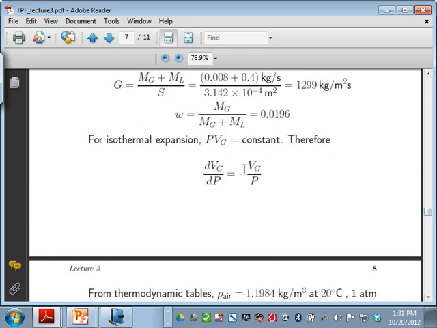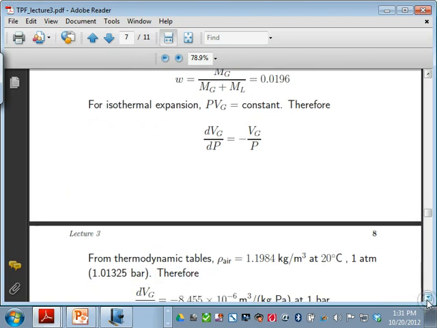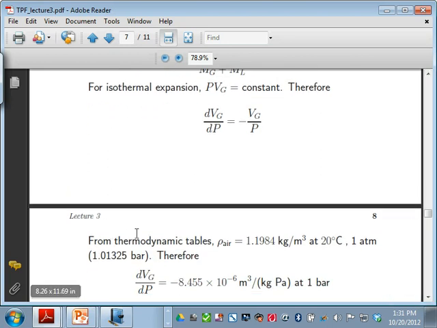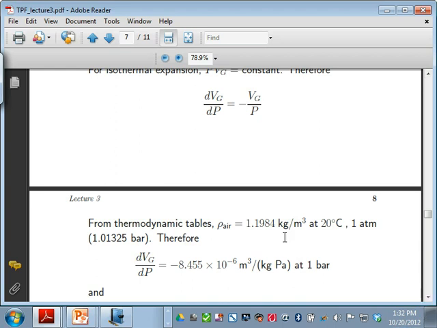dVg dP is minus Vg over P. So from the thermodynamics table, the density of air, so dVg over dP is that. So Vg is 1 over the density of air, divided by pressure. You get this one. So this value here is this one.